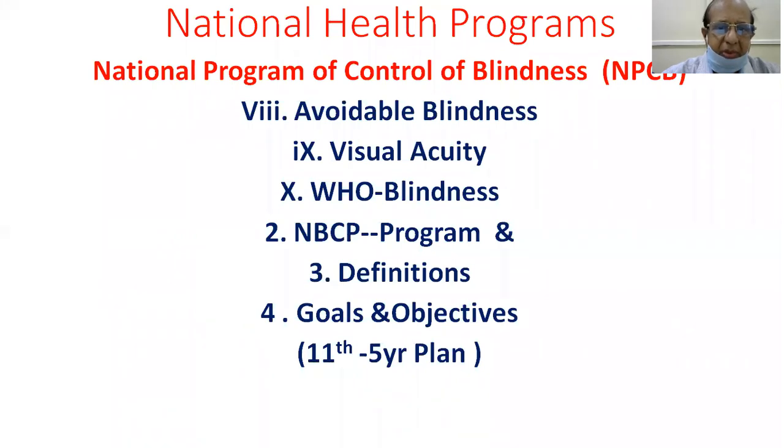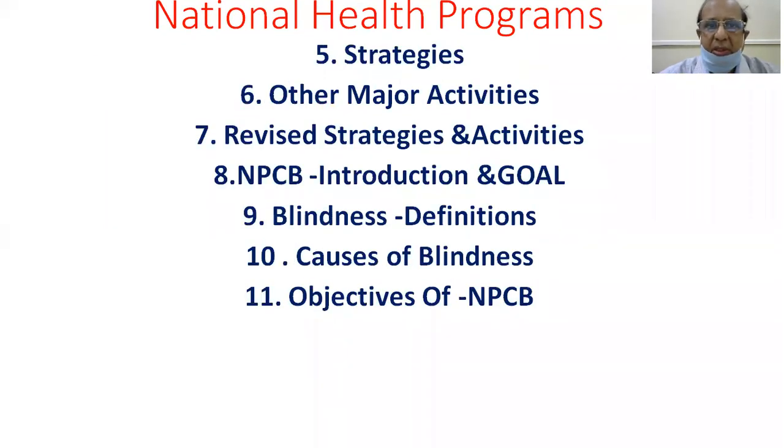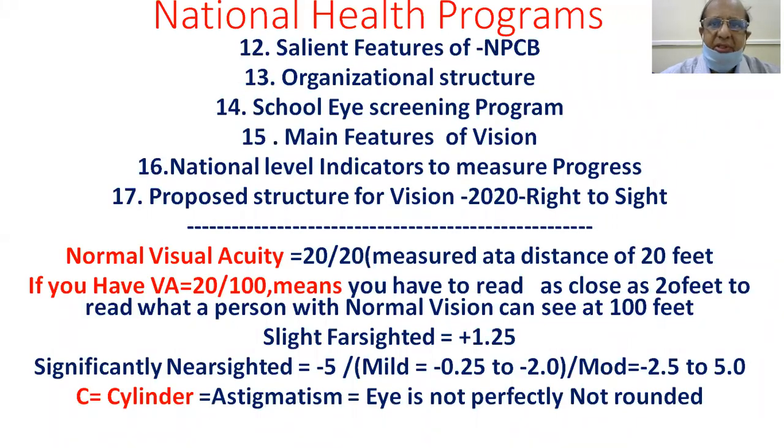And NPCB, National Program of Control of Blindness, and its definitions and goals, objectives, strategies, other major activities, revised strategies and activities, and NPCB introduction and goal, blindness definitions, causes of blindness, objectives of NPCB, and some of the salient features of NPCB, and NPCB organization, what is the structure and how it functions, and school eye screening program, main features of the vision, and national level indicators to measure progress.